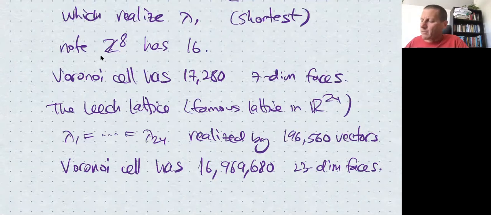But you might tell me, well, of course, you came up with these weird examples that are very pathological, and they have a lot of short vectors. But maybe typical lattices are closer to Z8, where the number of short vectors is small. Or maybe they're even better.